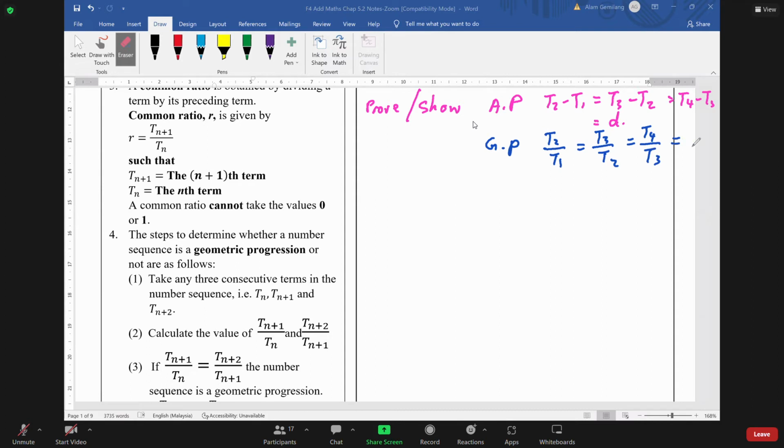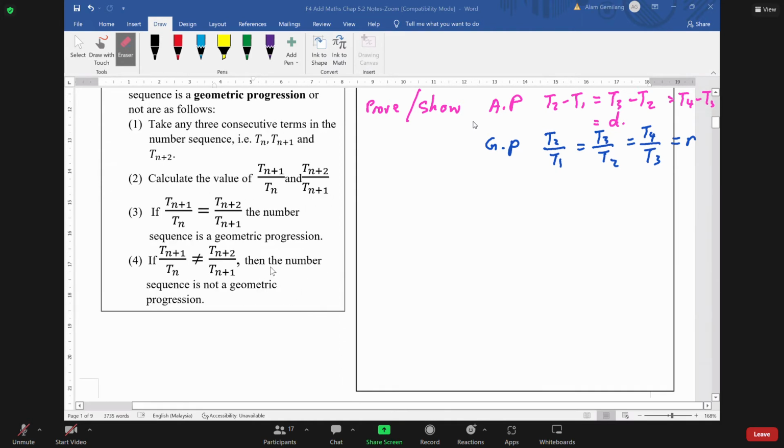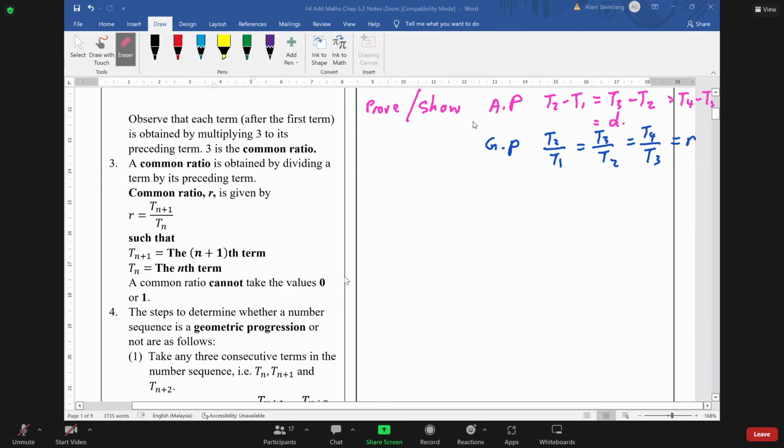They must all be equal to the common ratio R. So this is how to show whether a sequence is a GP or not. If they are not the same, then it's not a GP.